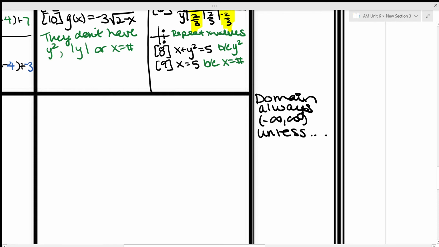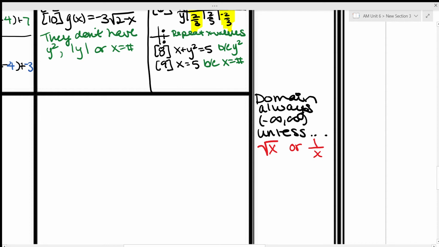You will not have all reals if you have a square root, where the x is on the inside of that square root, or if you have some situation where you have an x in your denominator.